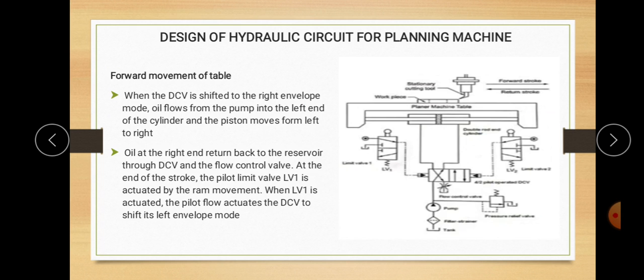In the forward stroke, the fluid enters the A port and pushes the table left to right. In the backward stroke, the fluid enters the right side B port and pushes the table right to left.